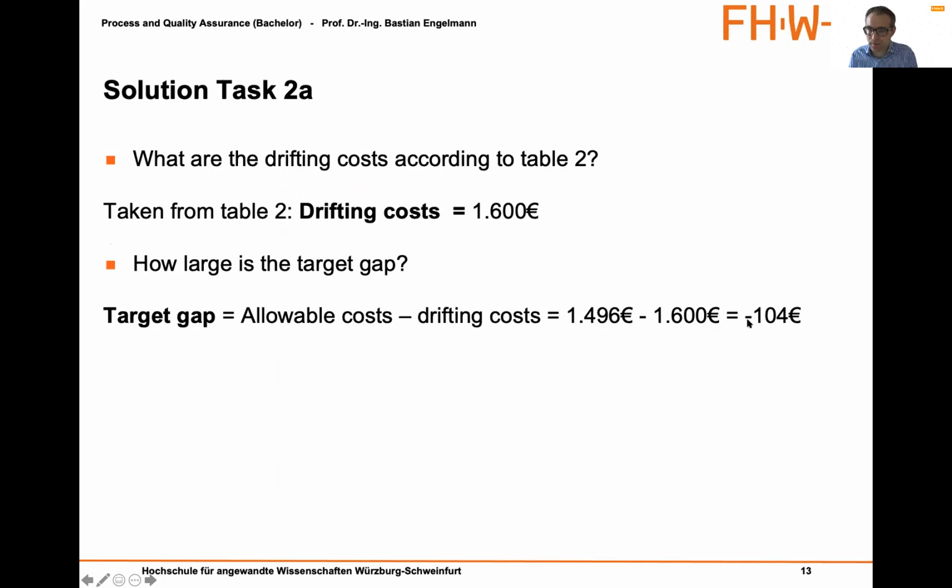Here is a minus because if you take the formula allowable cost minus drifting costs, then this turns to be a minus. And 104 euro in the exam would be also okay. So don't worry about the sign. It's indicating with that formula that we have a problem, that we need to squeeze it out from our components.